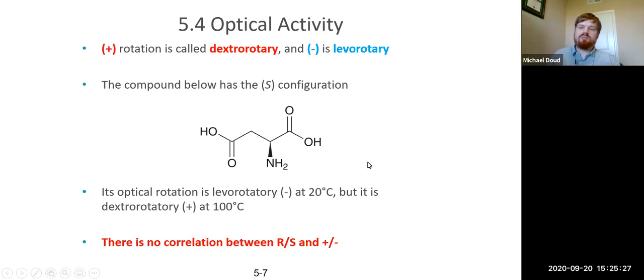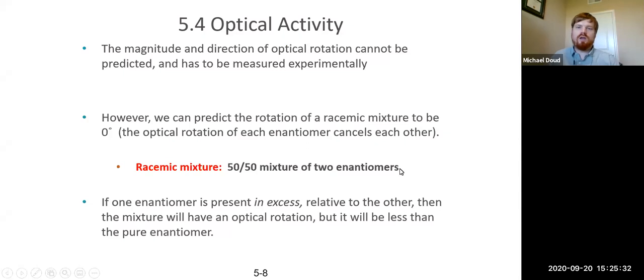Again, R and S, plus and minus, there's no correlation there. We don't have any way of predicting the optical activity. You just have to measure it experimentally. However, we do know that if you have exactly a 50-50 mixture of the two compounds, the R and the S, this is what we call a racemic mixture, a mixture of two enantiomers. The rotations essentially cancel each other out. One may be dextrorotatory, the other levorotatory. If you have the same concentration, the light is going to be rotated the same amount in both directions.